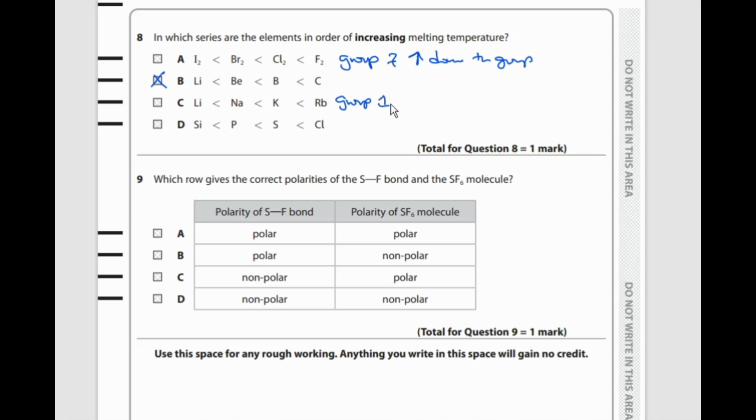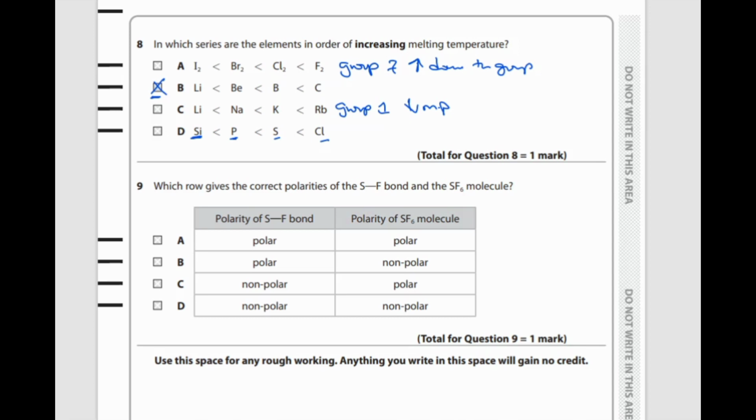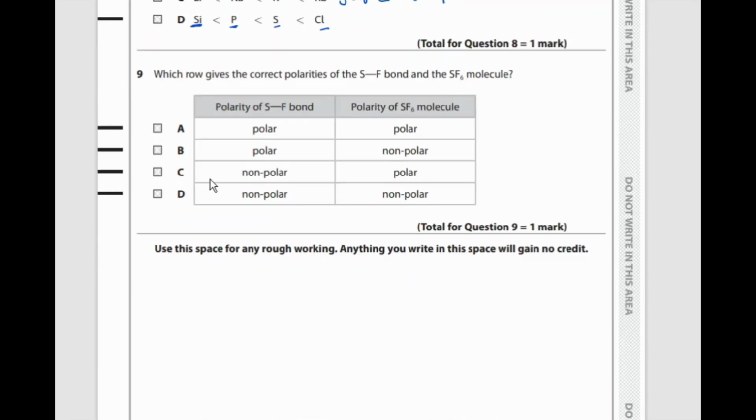C is not our answer because as you move down group 1, you have a decrease in the melting point. For D, silicon has a higher melting point compared to phosphorus, sulfur, and chlorine. Therefore, that cannot be our answer. So our answer is B.